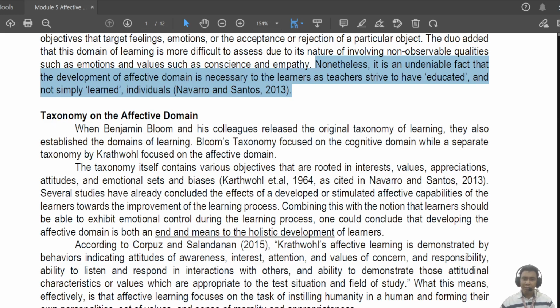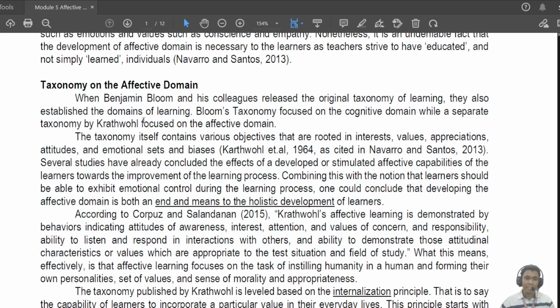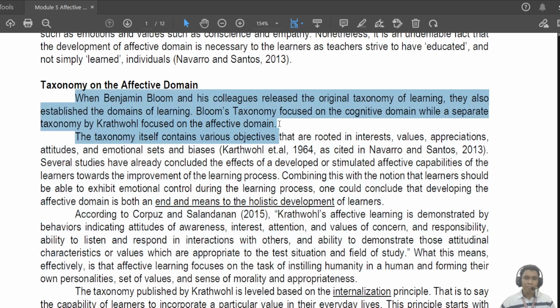Now, just to give you a brief history, as discussed by Navarro et al., it all started when Benjamin Bloom and his colleagues decided to propose different taxonomies for learning. As we all know, si Bloom yung gumawa ng Bloom's taxonomy of learning, which particularly focuses on the cognitive domain of learning. Kasama niya rin sila Krathwohl. If I remember correctly, hindi si Simpson yung kasama niya.